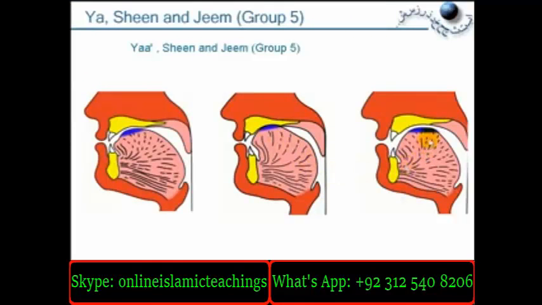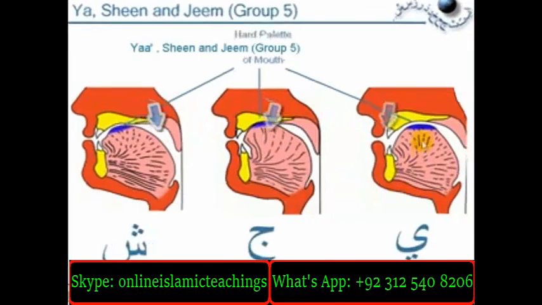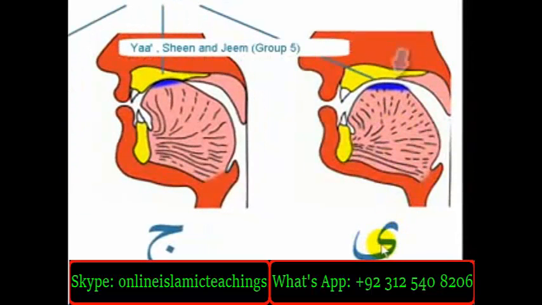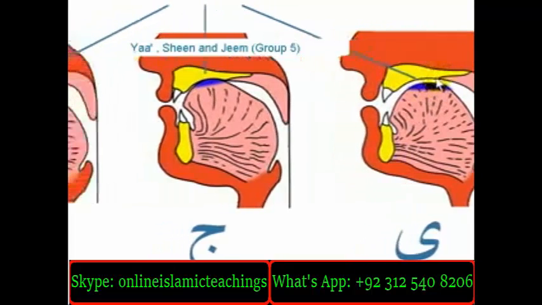Group 5 is where the tongue is touching the hard palate almost in the middle of the mouth. Again, there are three letters and they have slightly different positions. We've got the letter Ya, which is almost exactly in the middle of the mouth, the middle of your tongue touching the top hard palate in the middle of your mouth.